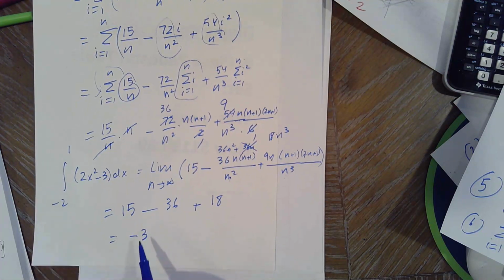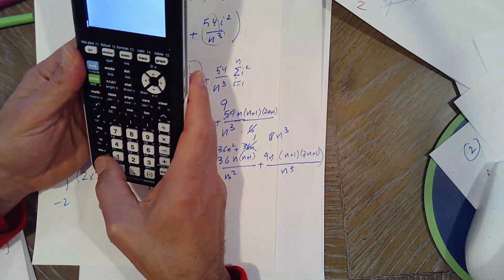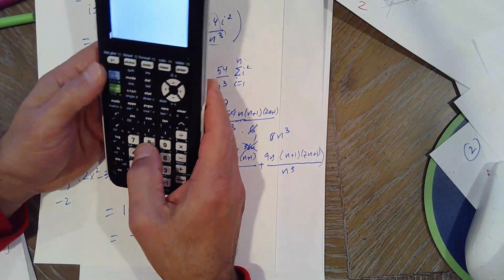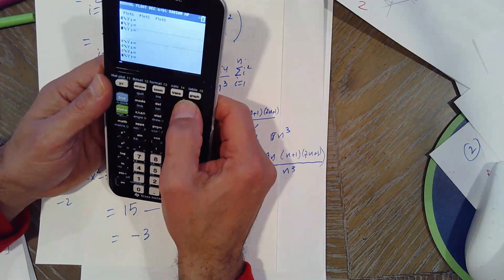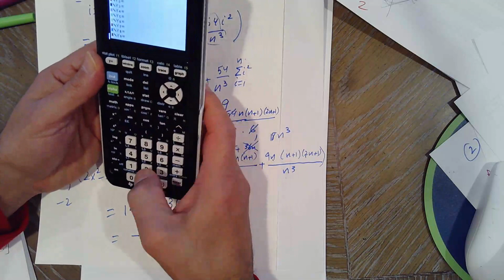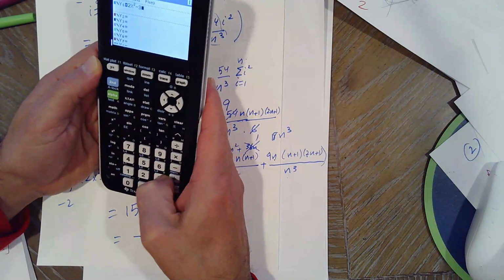And can we get a negative for a definite integral? Absolutely. Actually, we can check that on the grapher. So if you go to y equals, I'm just deleting what's in there. The function is 2x squared minus 3.